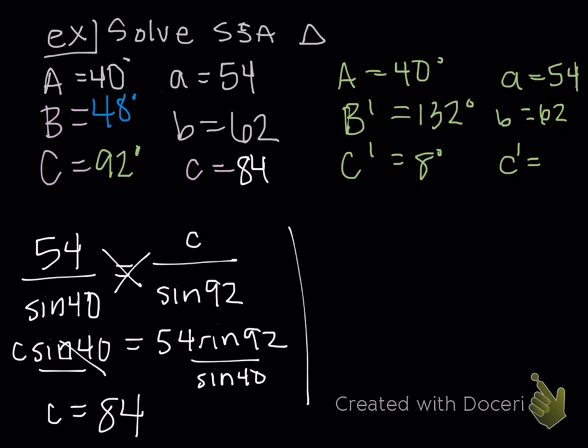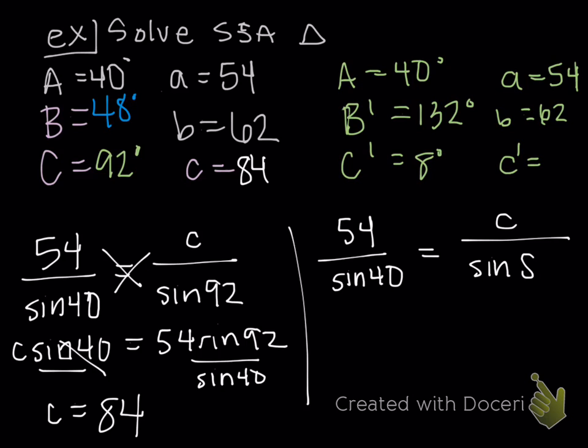Okay, so now I need to do this calculation essentially all over again, but now I need to use the new angle C. So for the second triangle, I still have 54 and sine of 40 together. I still don't know side c for the second triangle, but I know that its matching angle is 8 degrees. So I still cross multiply.